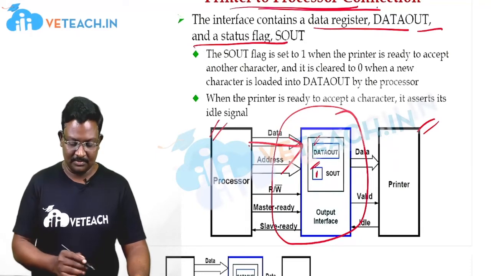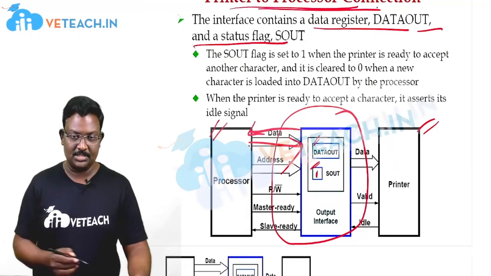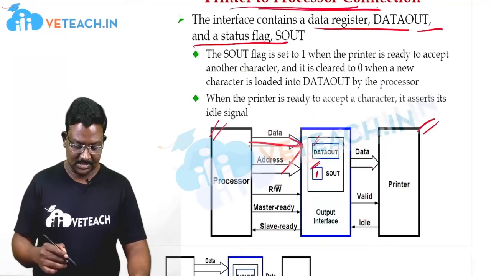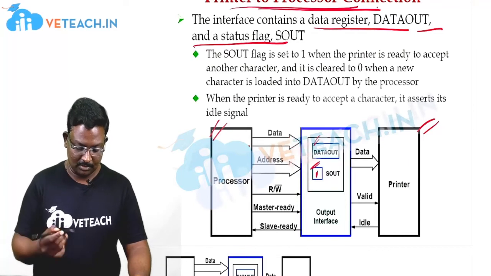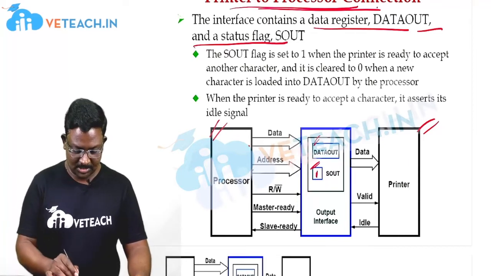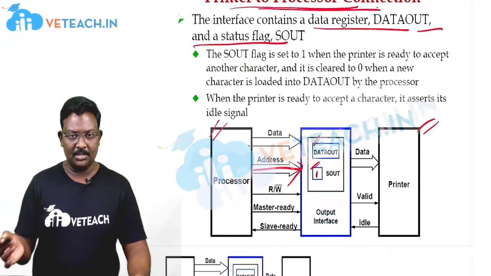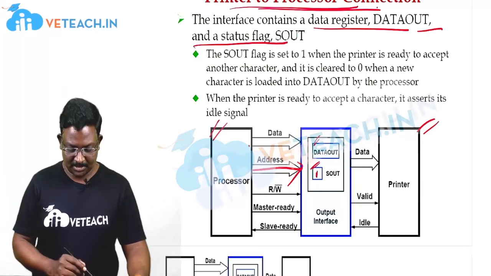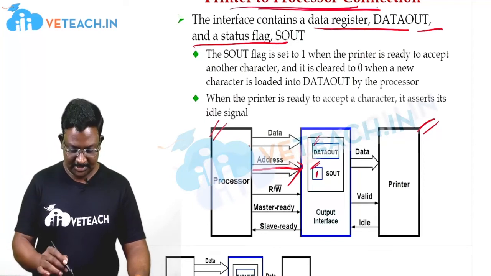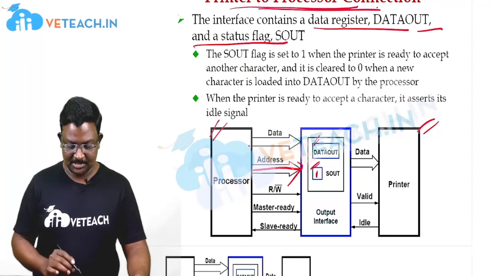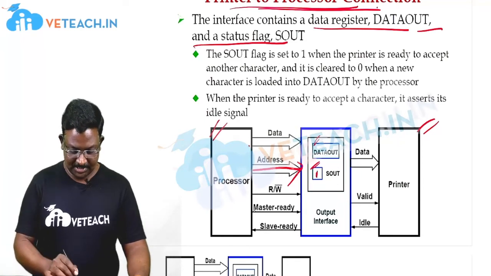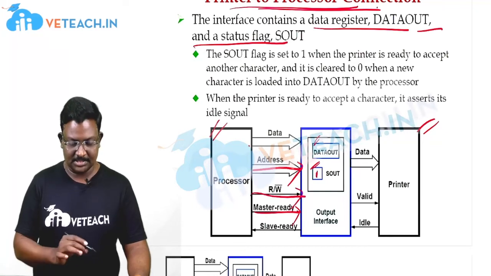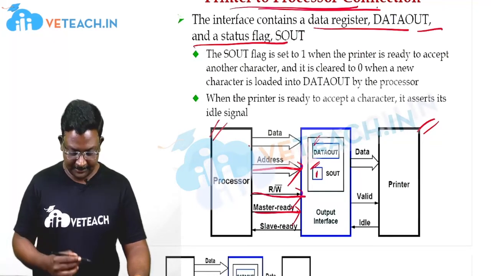Here the direction of data transfer is in this direction. In the previous topic, the direction of data transfer was from keyboard to processor. In this also the processor has to send the address to the particular device. The printer address is placed by the processor on the address lines, and along with it we send the master ready signal and the write signal to the printer.